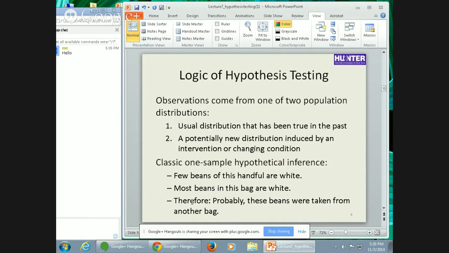So in setting up a hypothesis test, we always have a so-called null hypothesis and an alternative hypothesis. The null hypothesis would be a usual distribution that we have seen in the past, or in the case of that previous one, the control distribution, so the usual rates of anemia in the absence of any intervention.